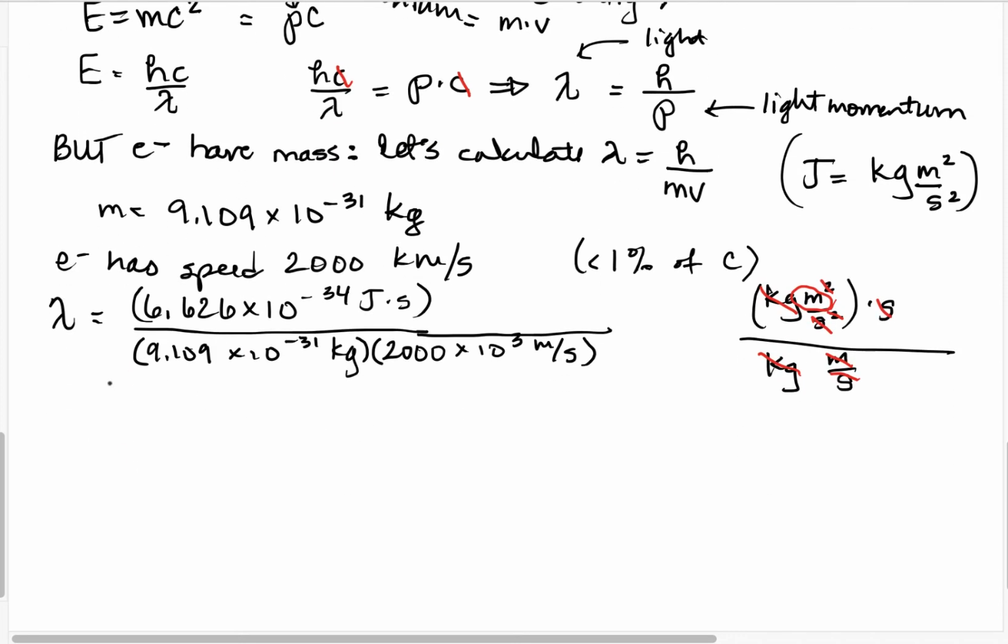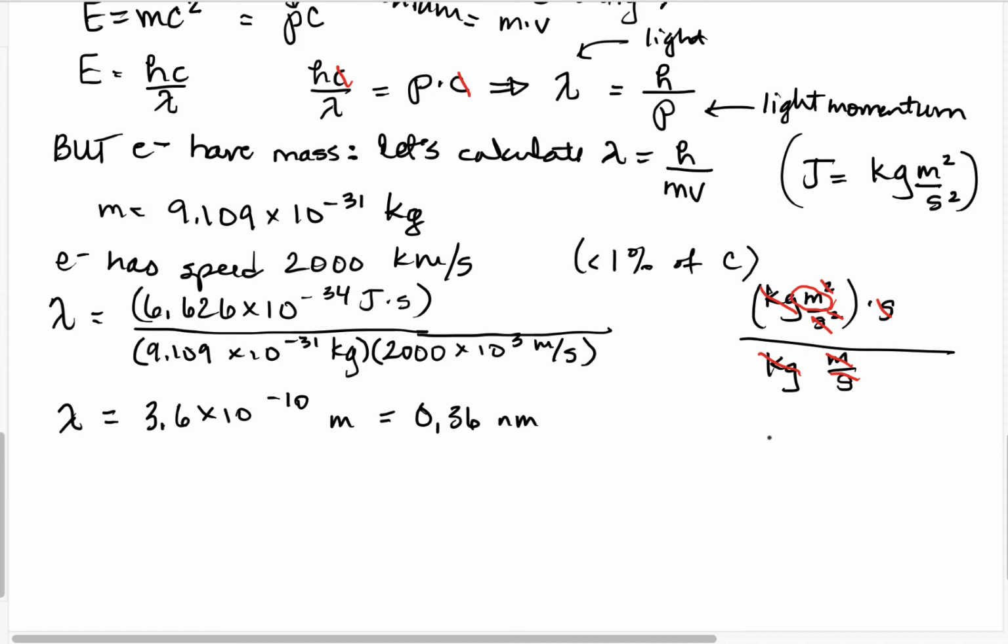Okay, so what we get is a wavelength that is about 3.6 times 10 to the minus 10 meters, or if you remember, that's 0.36 nanometers. So what we need to know now is, is this something that is reasonable for us to be able to detect on one hand, and also would this change how an electron can behave?